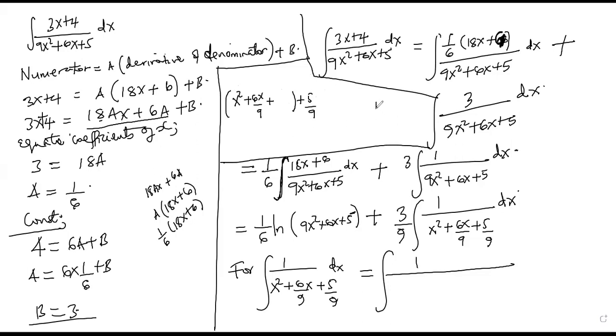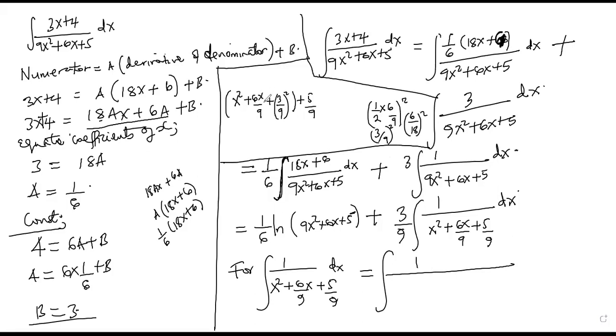Half times the coefficient of x, which is 6/9. Then you square. So this is 6/18, which can be reduced to 3 over 9 squared. So on this space, you will put 3 over 9 then squared.